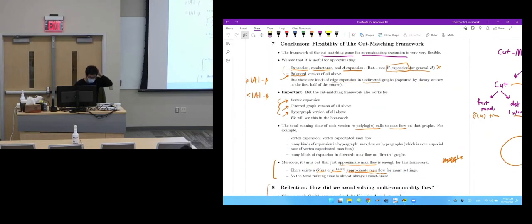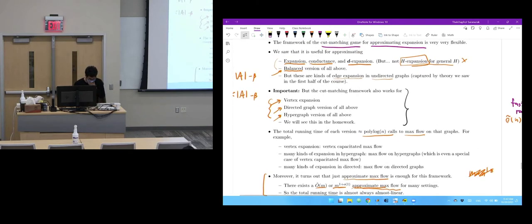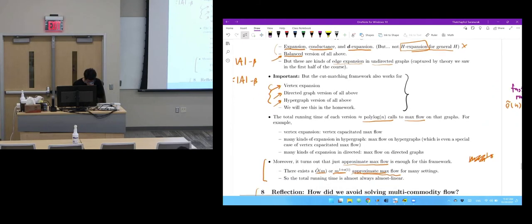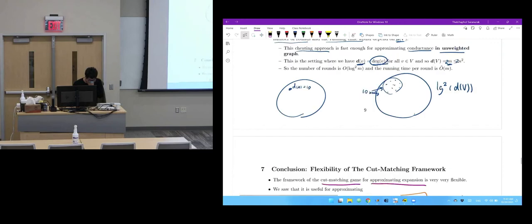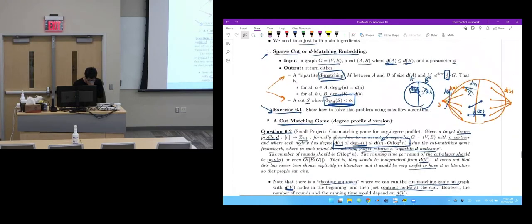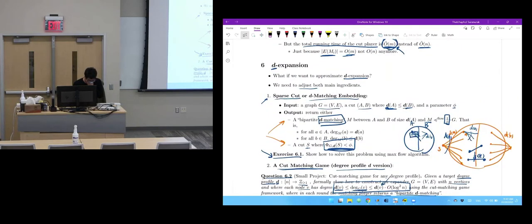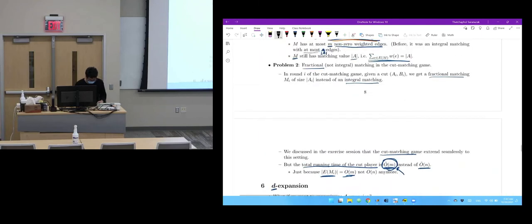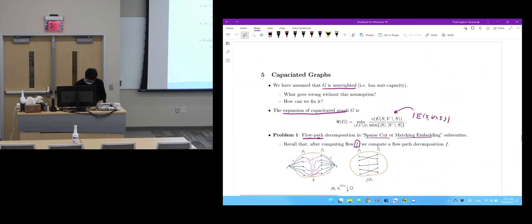I will try to guide you through the homework on how come the cut matching game is also very flexible. Is there some exercise? Okay, there is this exercise. Sorry, let me look through it.